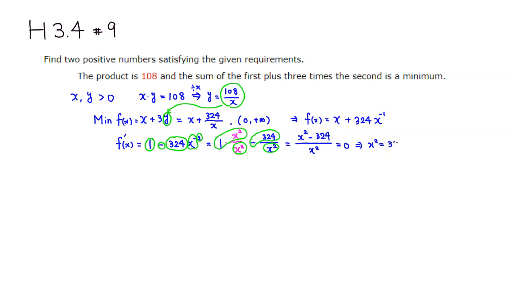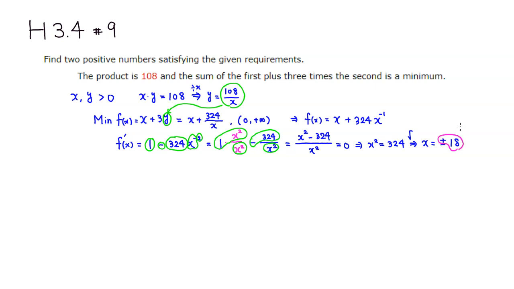All right, then we just have to take the square root of both sides. So x is going to be equal to plus or minus the square root of 324, which is 18, right? Then since we're only looking at the positive values, obviously we're going to pick the positive 18.